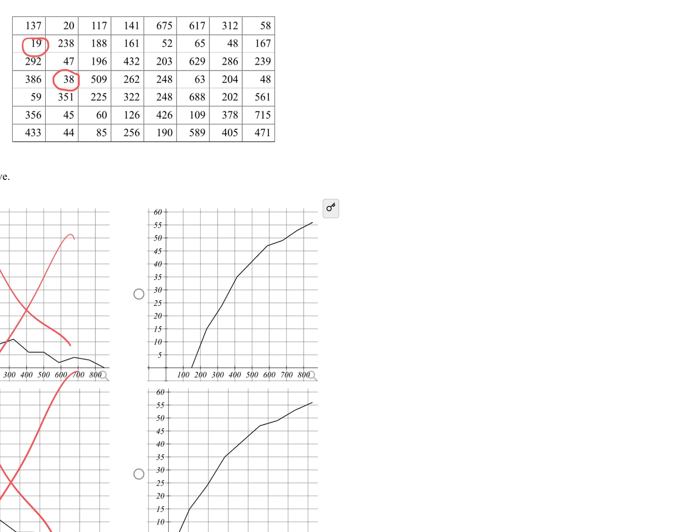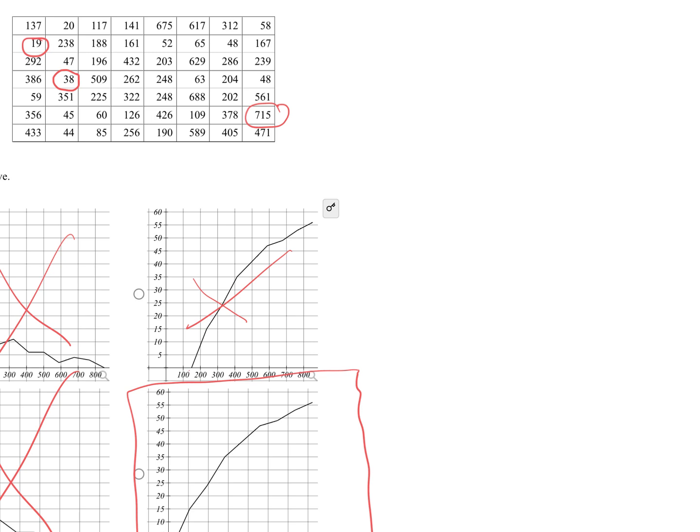This one doesn't start right. Like our smallest is 19, so it's got to be under 100. I don't see where our maximum is here. Just checking for a maximum. Yeah, there's our 715. So it looks like it's going to be this one just by looking at the max and min and also knowing what an ogive is.